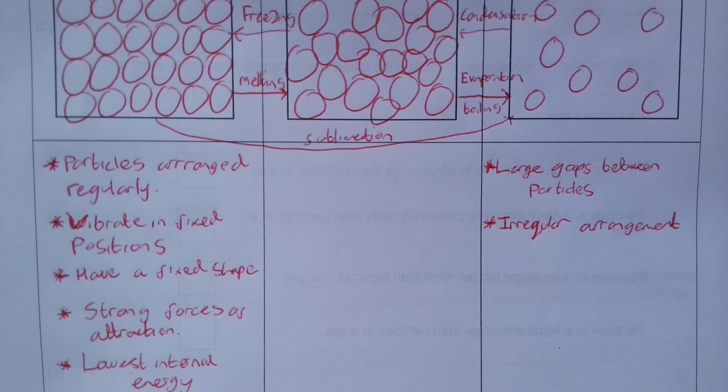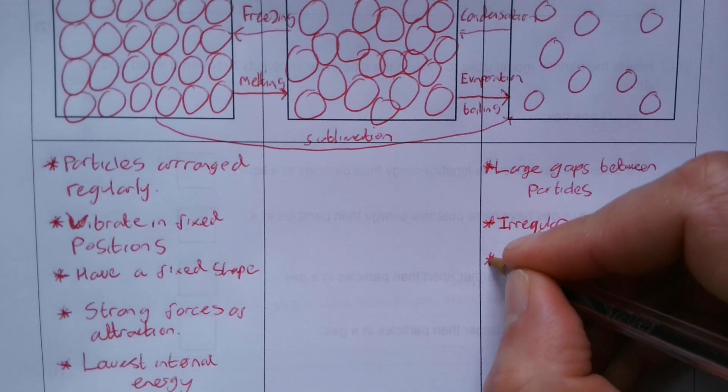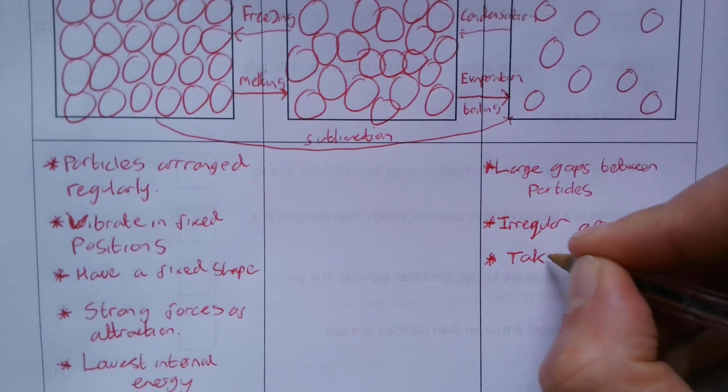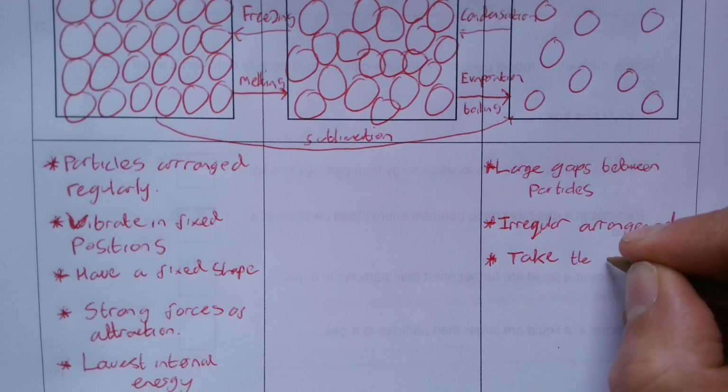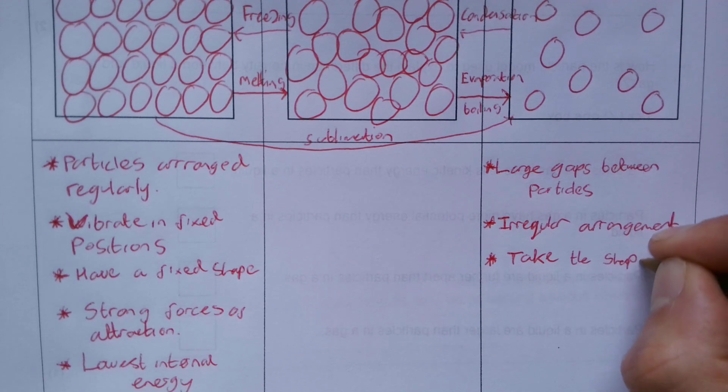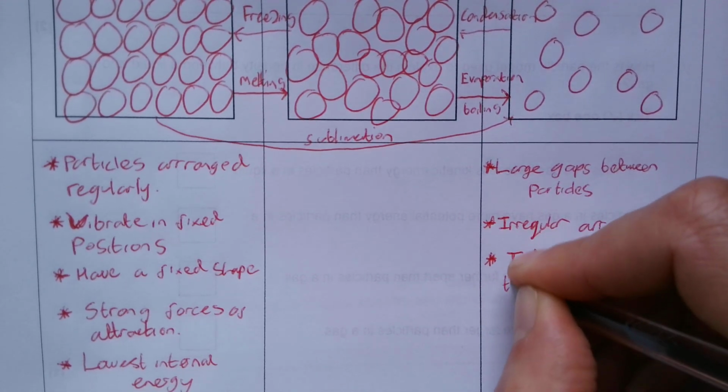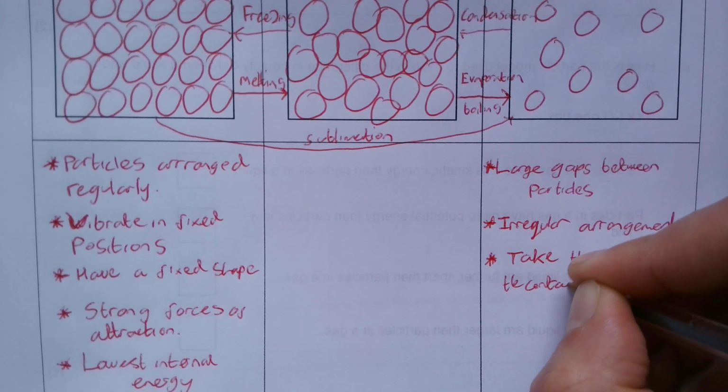And then they take the shape of the container. That's often what you can say. If you were to release gas into a room, it would form the shape of the room. It would spread out. Take the shape of the container.